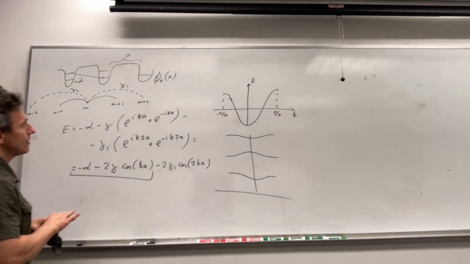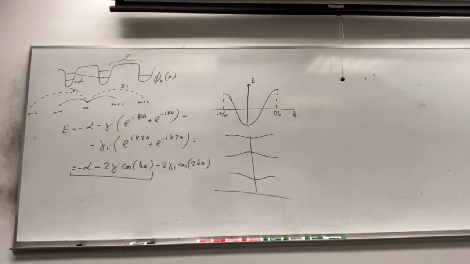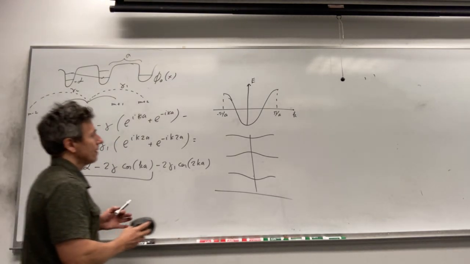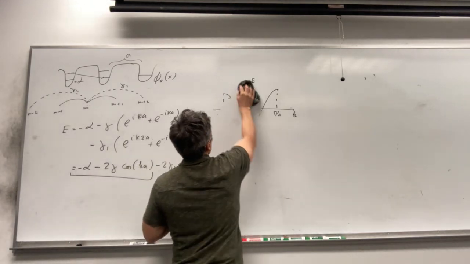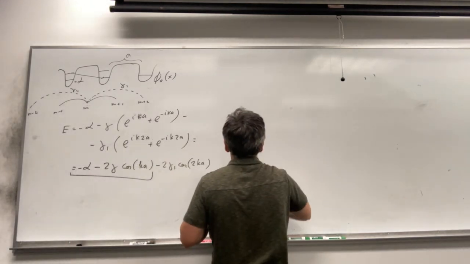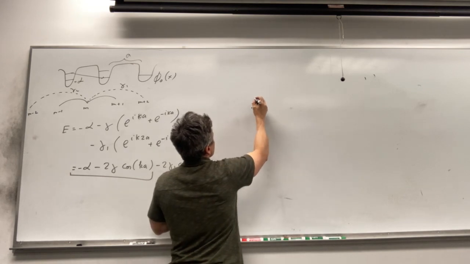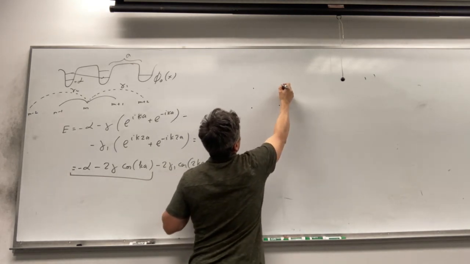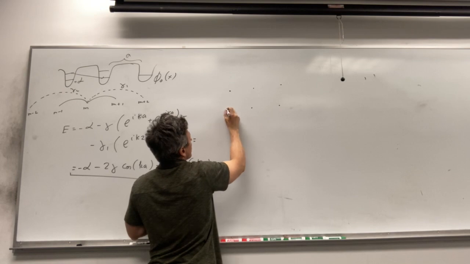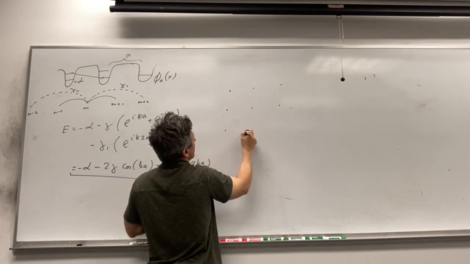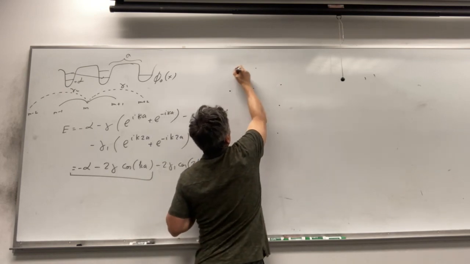Now let's generalize this expression. It's a one-dimensional case. Let's generalize the expression for a higher-dimensional system, for example, for a two-dimensional solid, a two-dimensional crystal. So in this case, let's assume the following arrangement of atoms: a rectangular lattice like that.